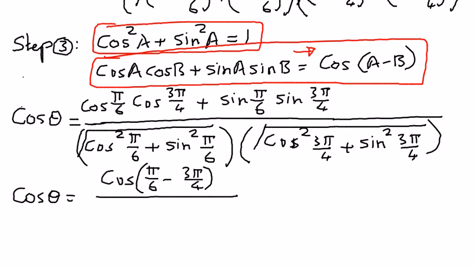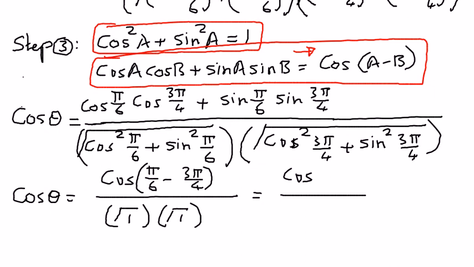Therefore, we can write that as square root of 1 times the square root of cosine squared 3 pi over 4 plus sine squared 3 pi over 4. That is also in the form cosine squared A plus sine squared A, and therefore that is equal to 1. Therefore, we can simplify this some more. The numerator is going to be cosine of pi over 6 minus 3 pi over 4.